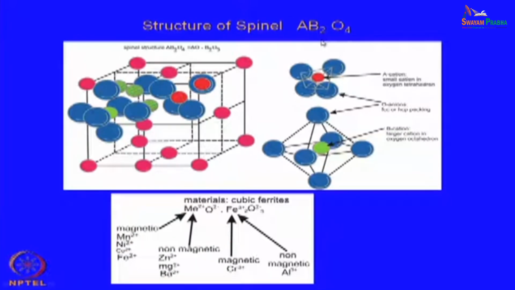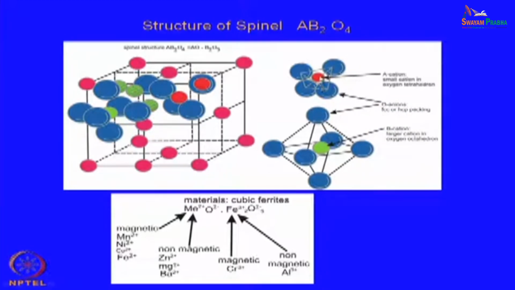Particularly the B cations, which are larger cations, normally go to the octahedral sites. In an inverse spinel structure the situation is slightly different. In the inverse spinel structure, half of B goes to the tetrahedral site.